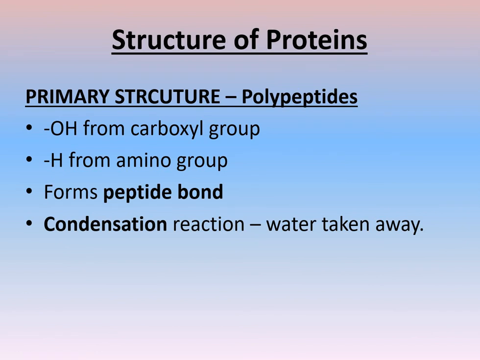So you take the OH from the carboxyl group, the H from the amine group, and that forms a peptide bond. And it is a condensation reaction because water is released or taken away.